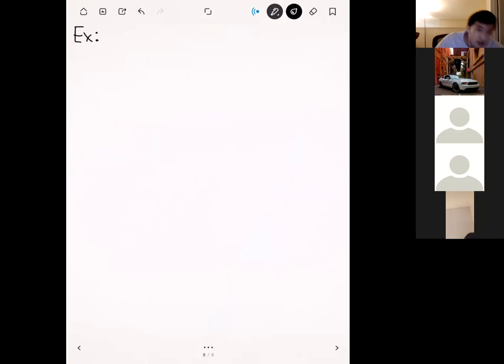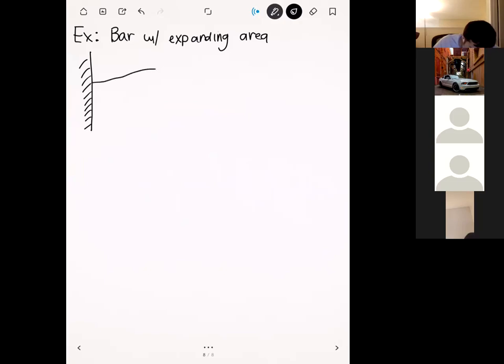Okay, and so here let's say that we have a bar with an expanding area. Right? And so we have a bar that looks like this. And then let's say that the area is slightly getting bigger, just like that.